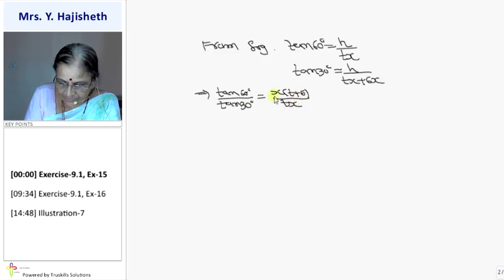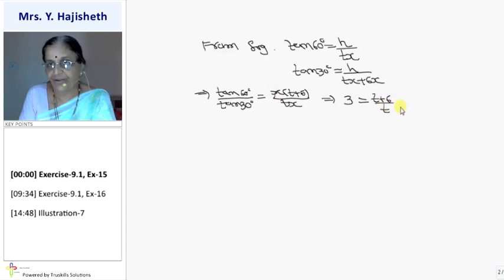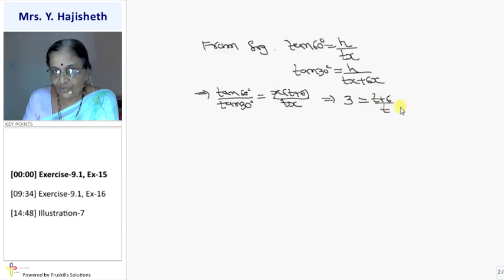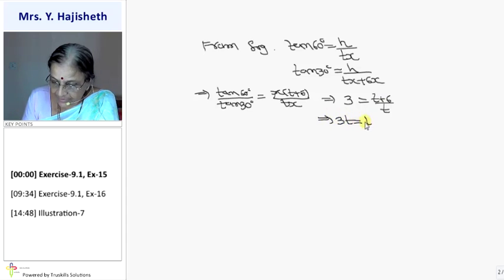So x go away. So what does it imply? 3 is equal to t plus 6 upon t, because I am interested in getting t. I am not interested in getting x. So I eliminated x by taking the ratio. So 3t is equal to t plus 6. And that implies my 2t is 6.